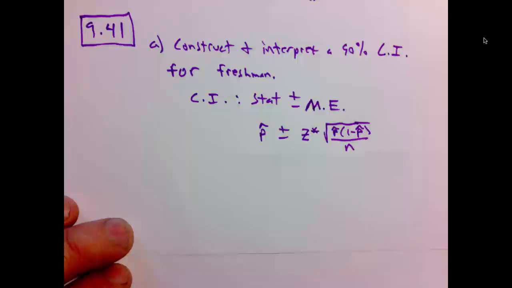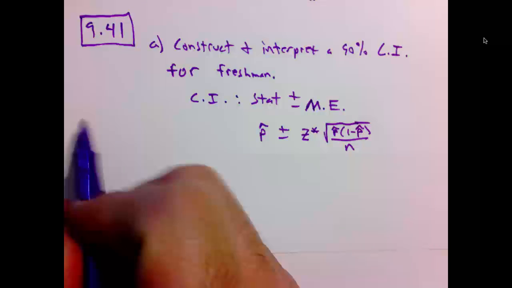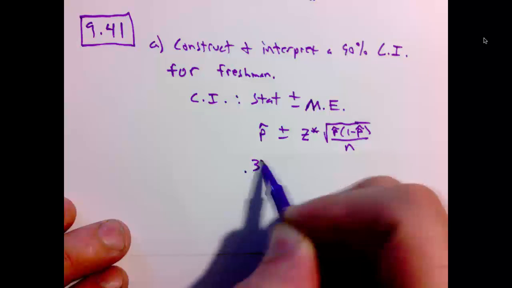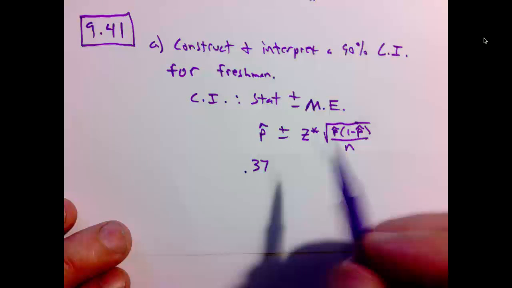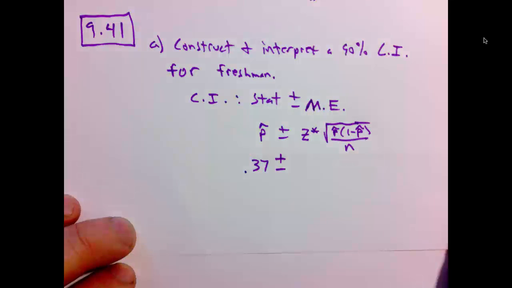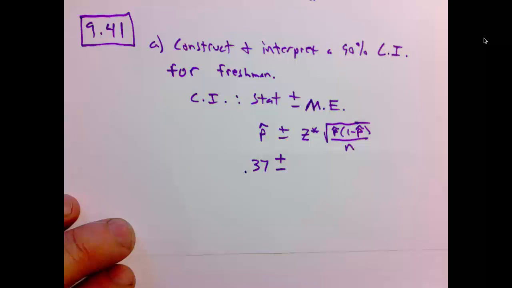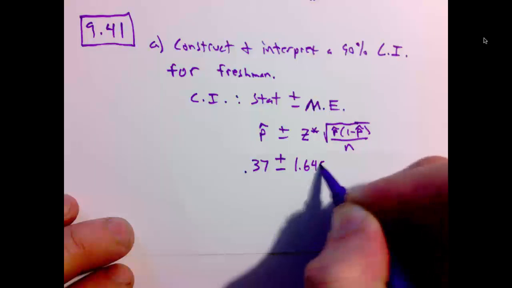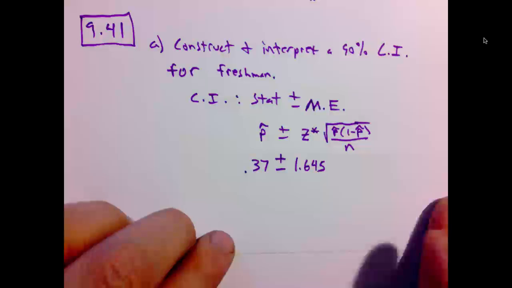Okay, it says for our freshmen, 37%, that is p hat. So p hat is 0.37. That was taken directly from our sample. Plus or minus, we want the 90% z star, and that is 1.645, directly off the first part of your notes.